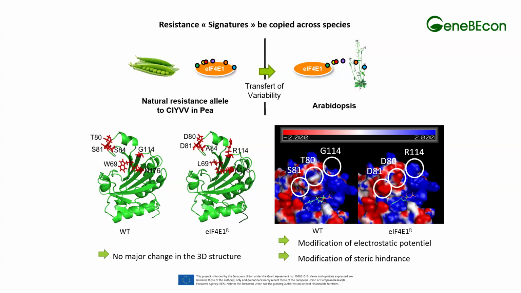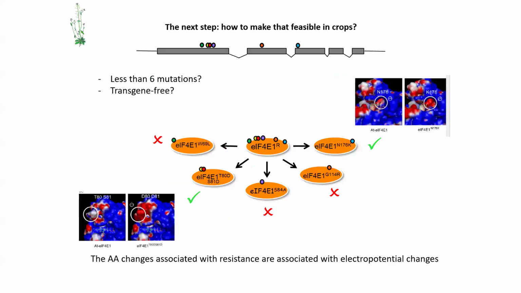And so I'm going really quickly because it's a bit out of the topic, but because there was a lot of amino acid changes, we looked at the role of each amino acid independently, and we found that two combinations, T80D, S81D, and especially the asparagine 176K, which are ticked with a green tick, are sufficient to drive resistance.